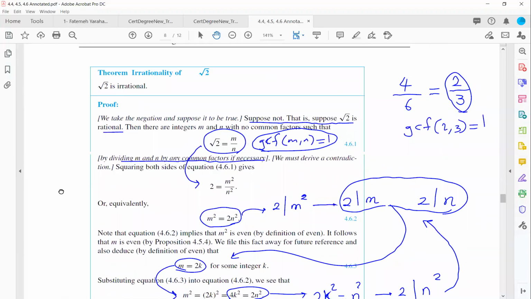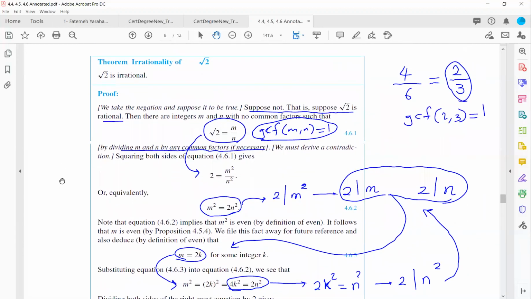Where did it come from? It came from the assumption that square root of 2 is rational and it can be written as the fraction of 2 numbers in the reduced form. So this statement is false, its opposite, its negation is true.